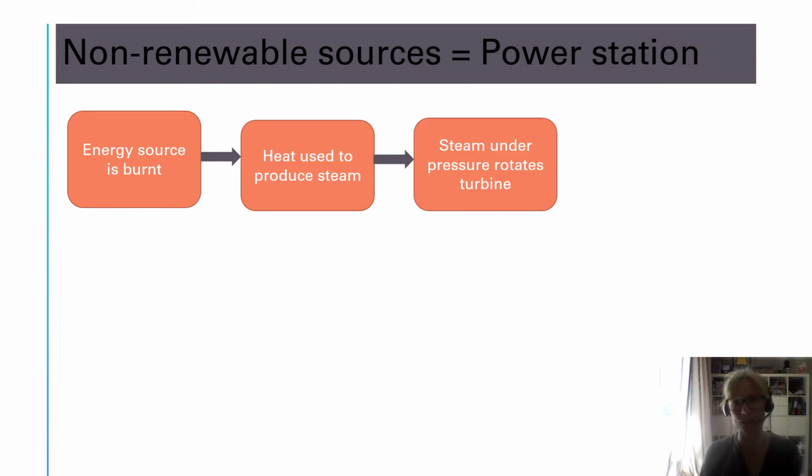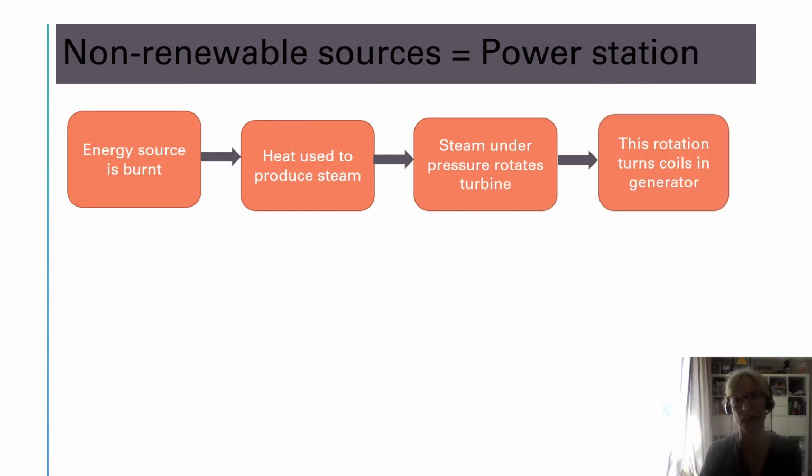Now this steam is forced under pressure down a tight tube, and it's that pressurized steam which then turns those turbines, and the rotation of those turbines turns the coils in the generator. So the final two stages, the turbine and the generator, are the same as the renewable source of energy.